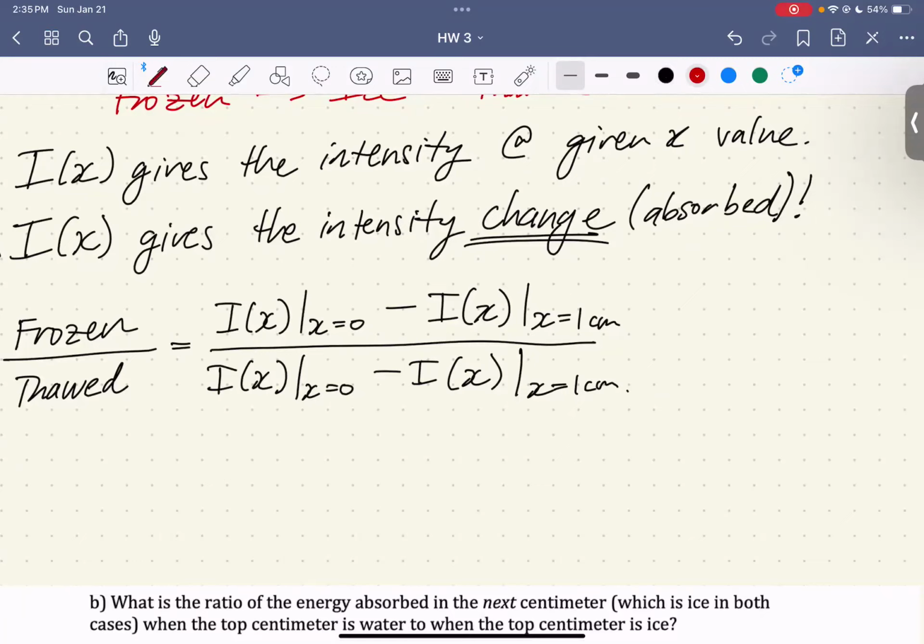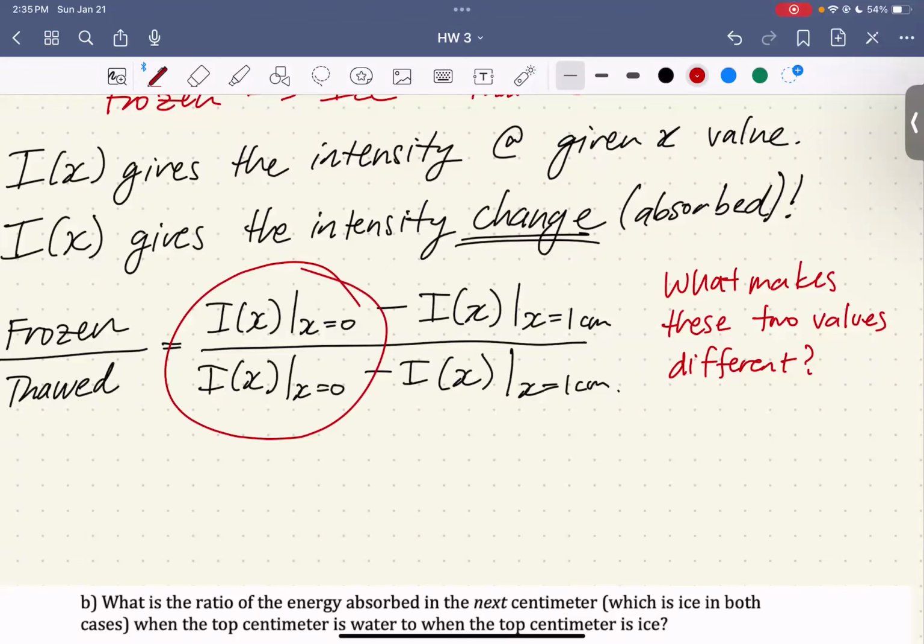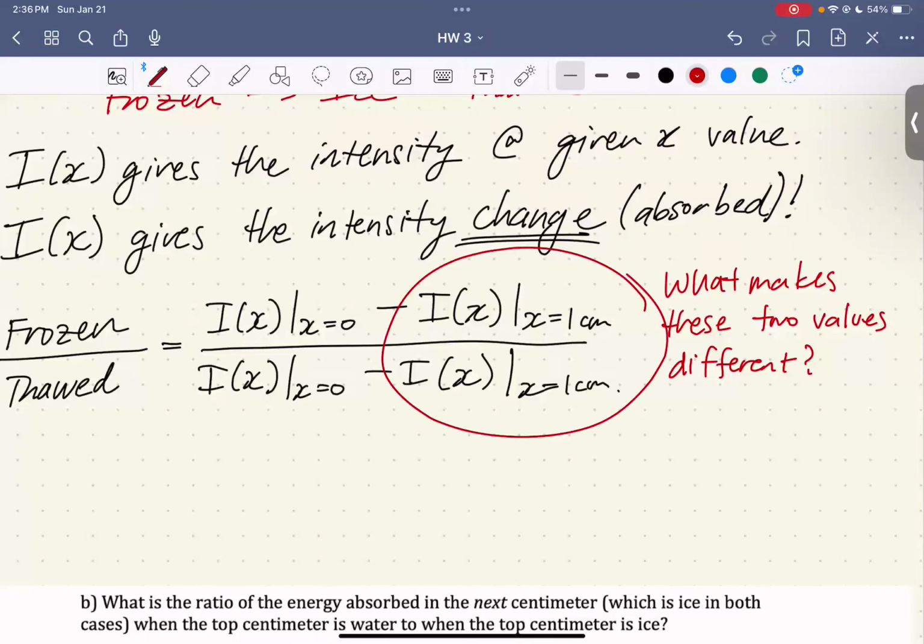So the question is, what makes these two values different? We both know that these are both I naught, but what about these two values? What makes them different?